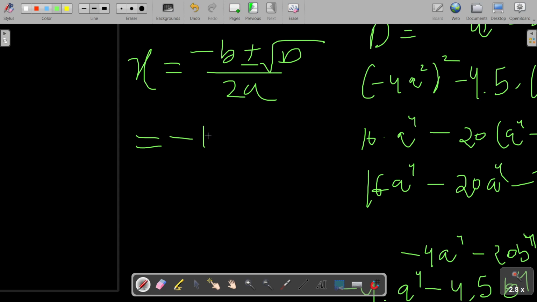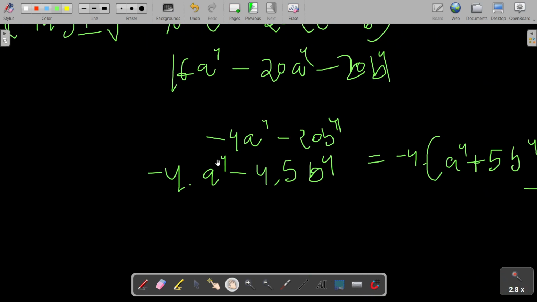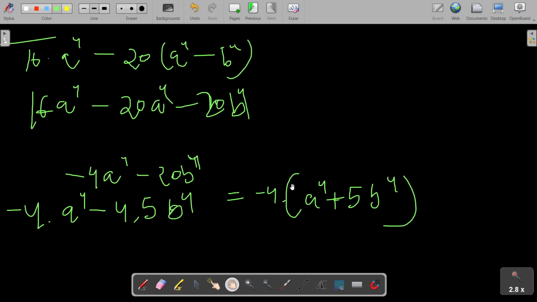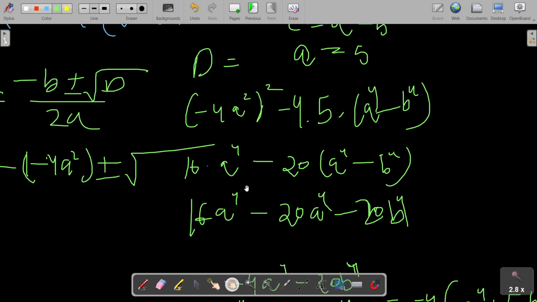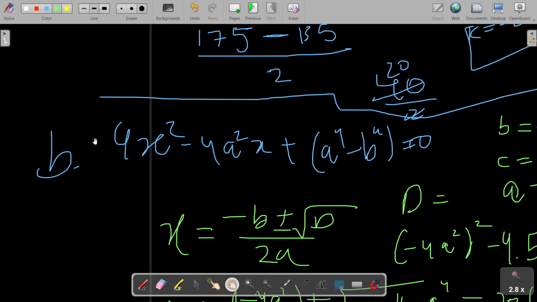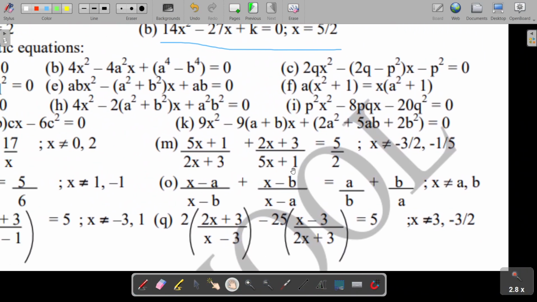So this thing is minus 4a squared plus or minus root of. Here we can see that, let me see if I made any mistake or not. Is this question correct?